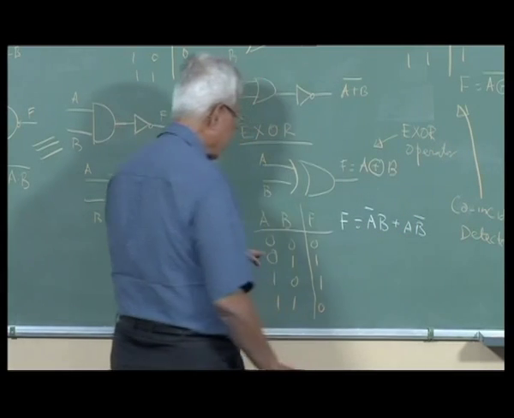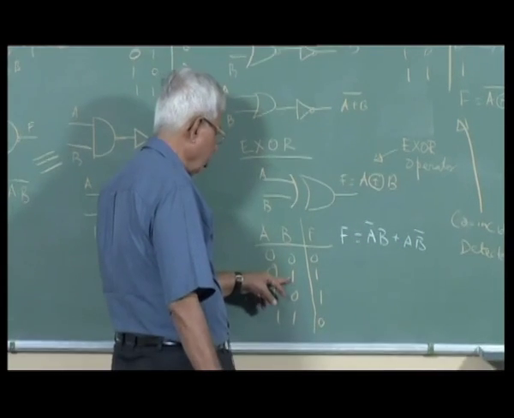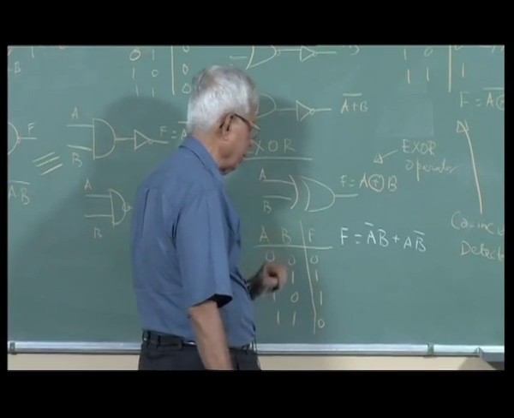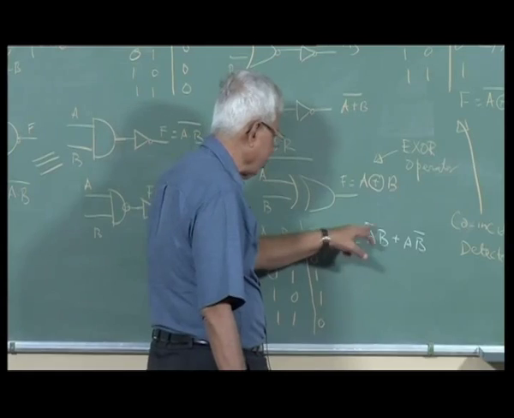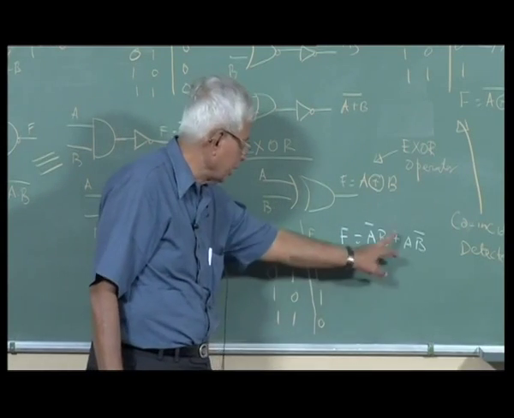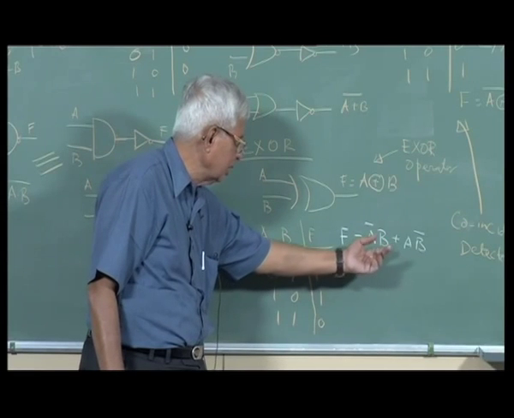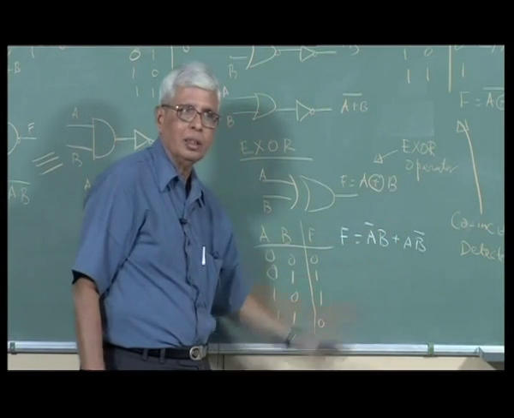That means if A is 0 and B is 1, or if A is 1 and B is 0, in both cases the output is 1. So again these are AND gates with an inverter and an OR gate: 2 AND gates, 2 inverters, 1 OR.